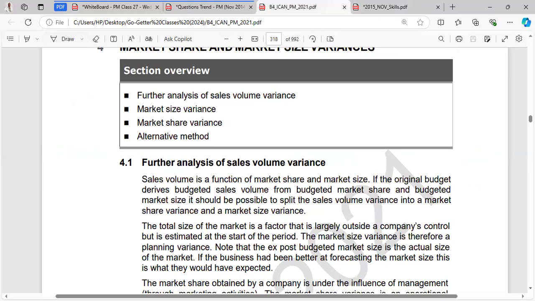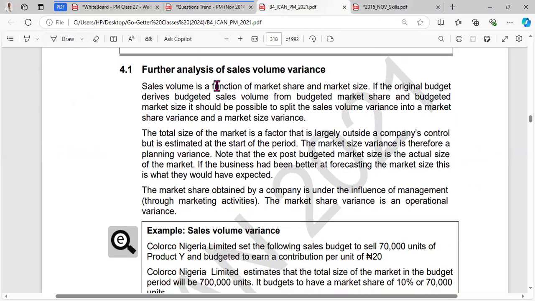Now, further analysis of sales volume variance. Remember when we talked about sales volume variance, we talked about mix and quantity, quantity variance and mix variance. Now, sales volume variance is a function of the market share and the market size.